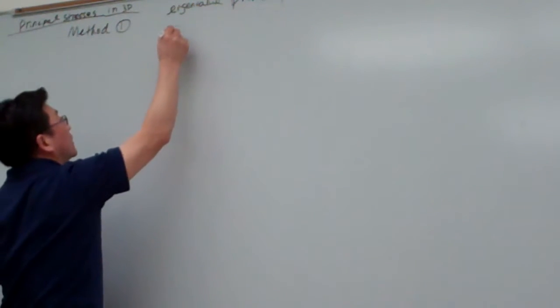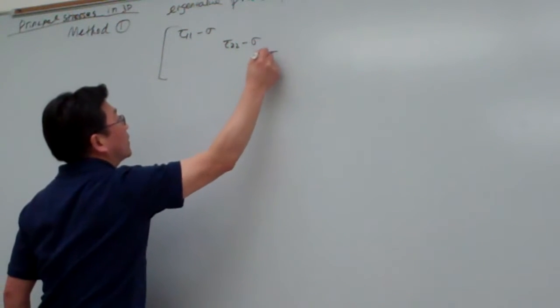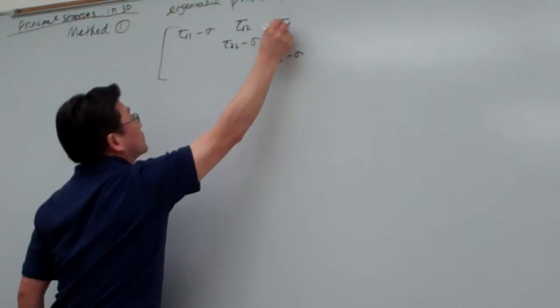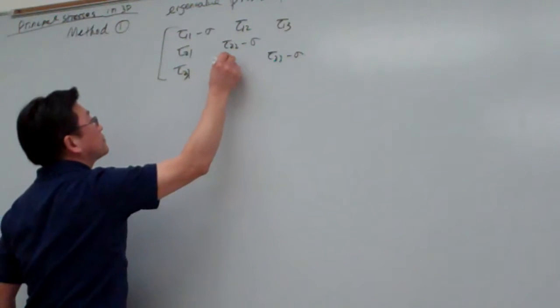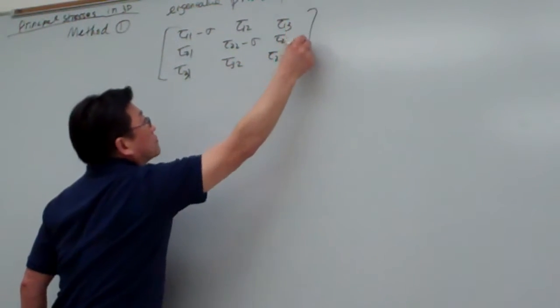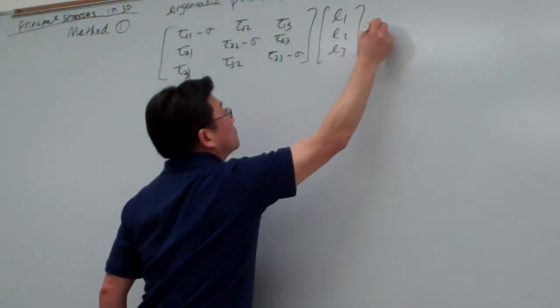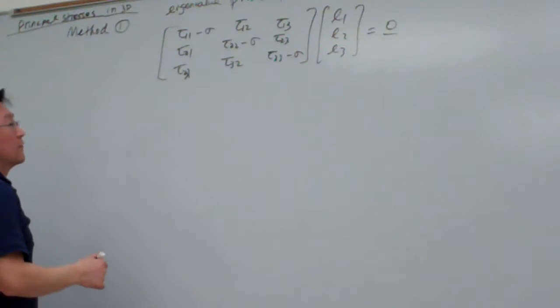So that means tau 11 minus sigma, tau 22 minus sigma, tau 33 minus sigma, tau 12, 13, equals the 0 bar, that means the 0 column vector.